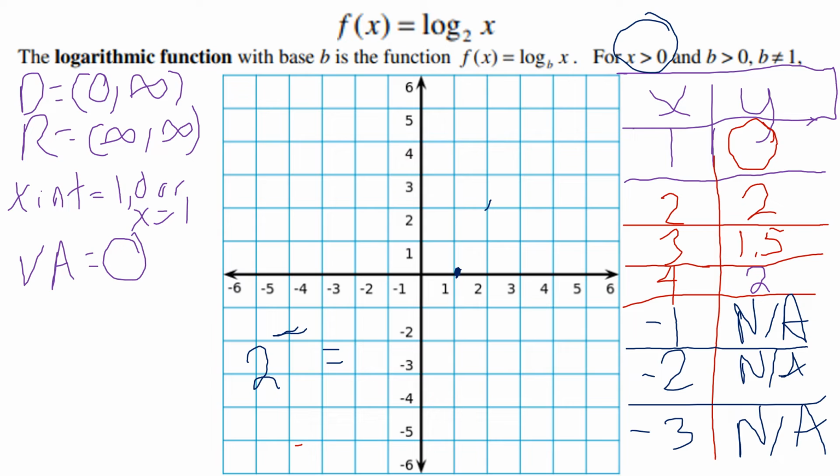I was telling you guys that over here for this 2, when I plug in to get y, I get 2. Let's find out if that's true or not. 2 to what power gives me 2, or my identity? 1. So let's go fix that right quick.